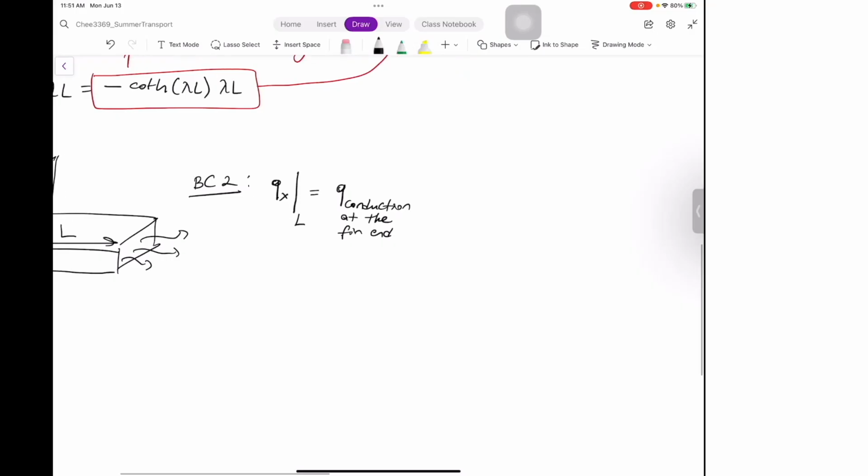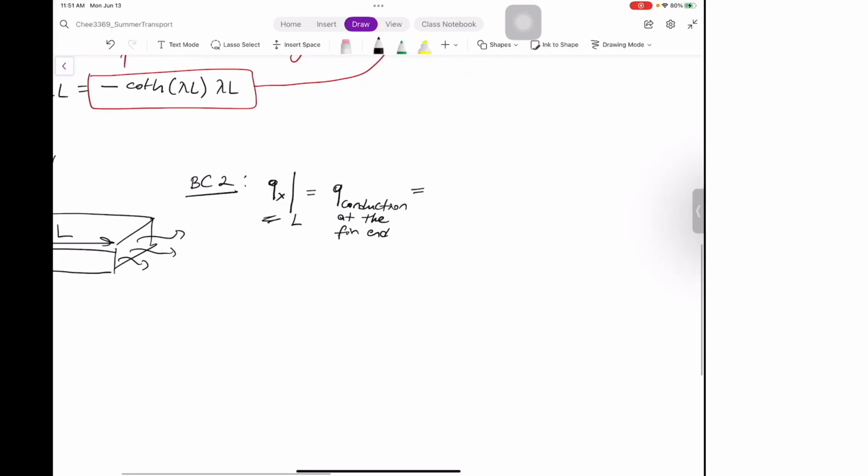Exactly. I can convert this Qx from the theta to Qx, write the expression and then write it equal to H times T minus TF. And you would say that this is minus K.